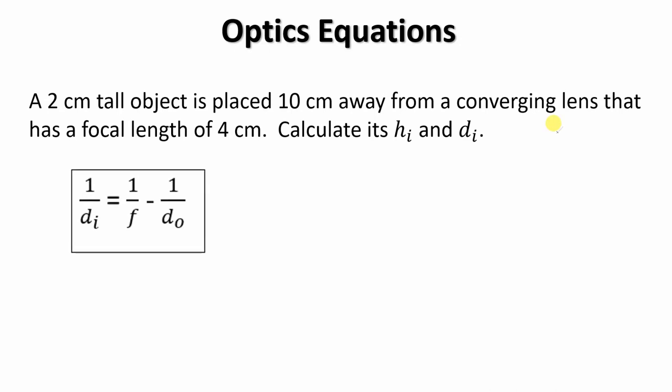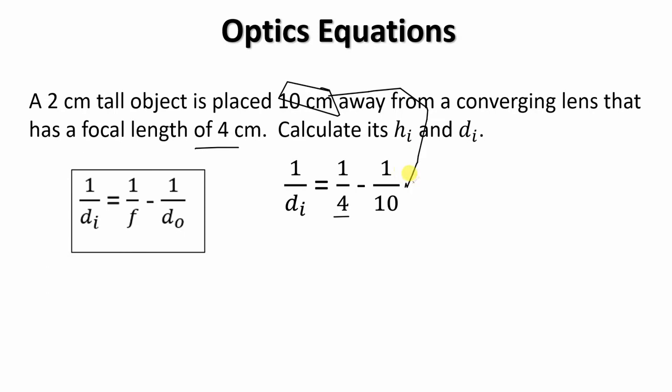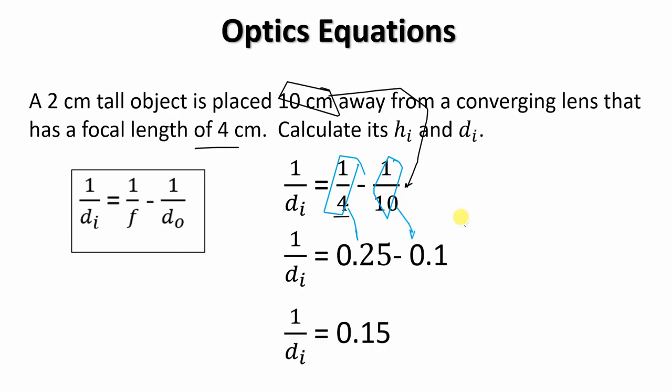So we'll start by calculating the distance of our image. We've got the focal length, which is 4, and we have the distance of our object, which is 10, so 1/10. Some quick math here. We've got 1/4, which reduces down to 0.25, and we have 1 divided by 10, which reduces down to 0.1, and you subtract those values, you get 0.15.